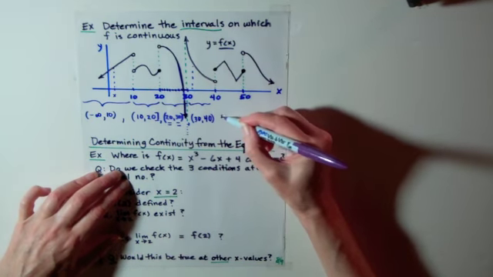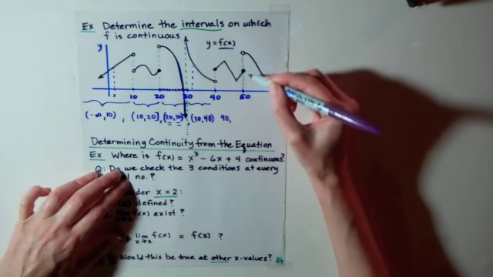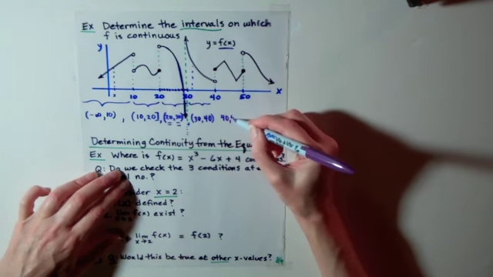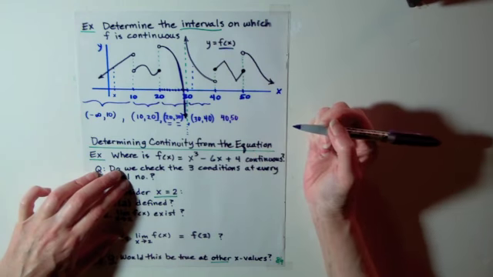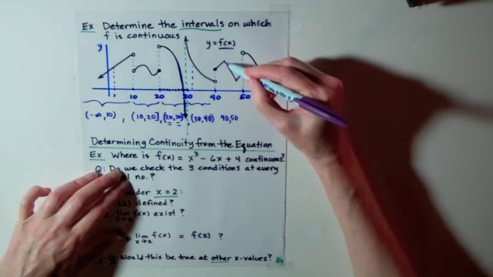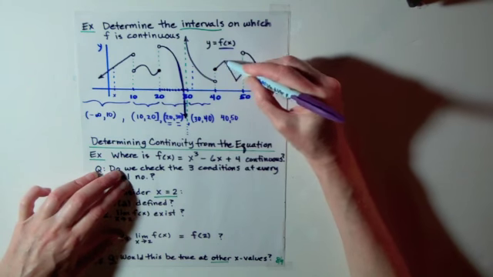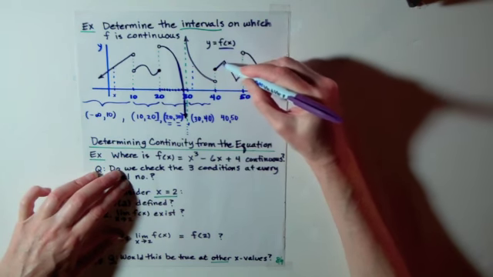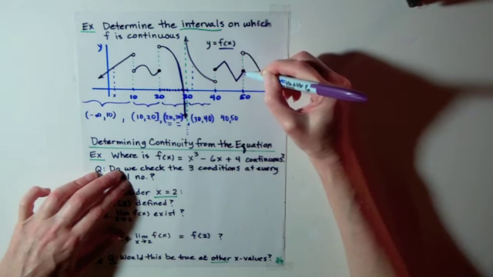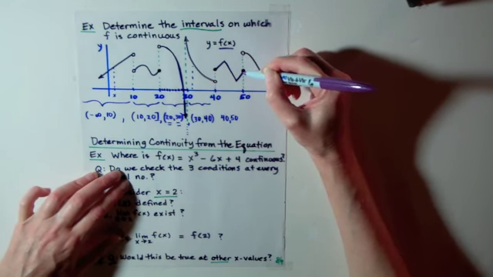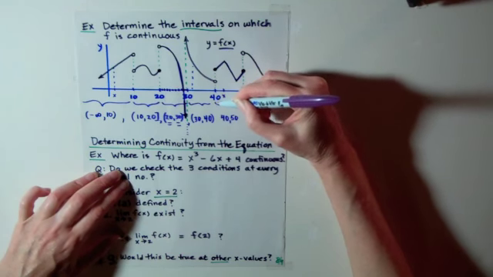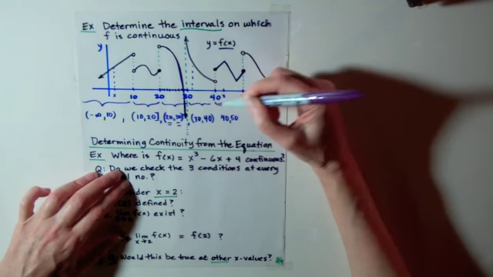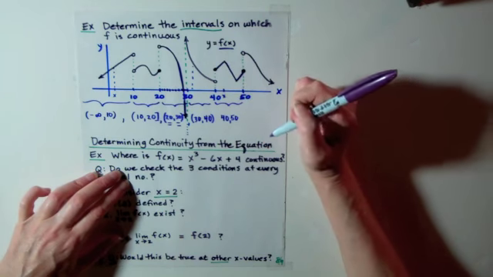Let's go from 40 up to the next discontinuity, which appears to be another jump discontinuity at 50. And so we're looking at this little chunk of graph. Although I have some sharp corners, I still can draw this whole chunk without lifting my pen off the paper. So my function is continuous at every x value in between 40 and 50.